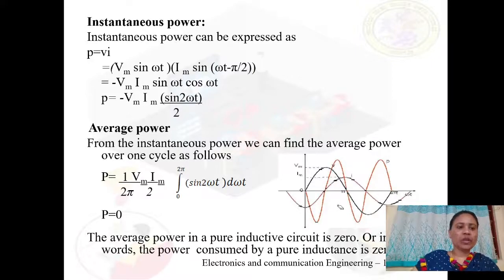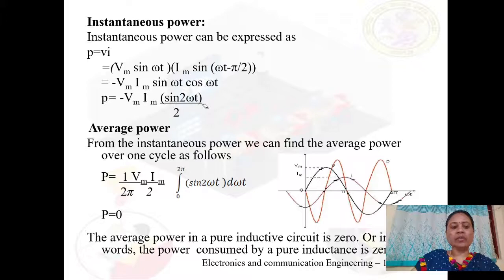Now let us move on to the instantaneous power. Instantaneous power, we know that P is equal to V into I. Now substituting the values of V and I and simplifying, we get the value of P as minus Vm Im sin 2 omega t divided by 2. So here the instantaneous power contains only one term and it is sinusoidal.